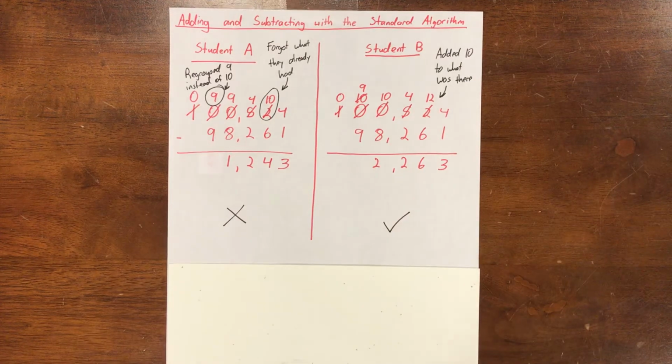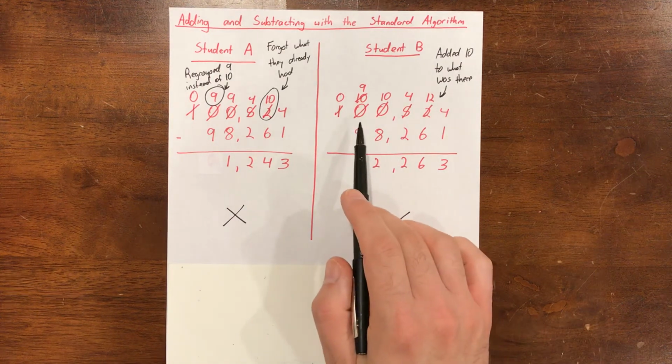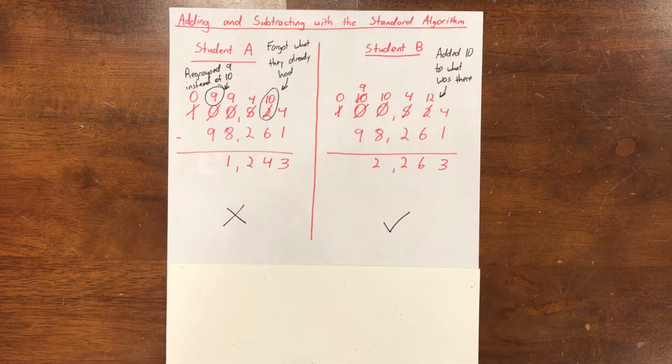Great. Okay, and what did they do differently when they were regrouping over here in the 10,000s and thousands place? Go ahead and say that out loud.